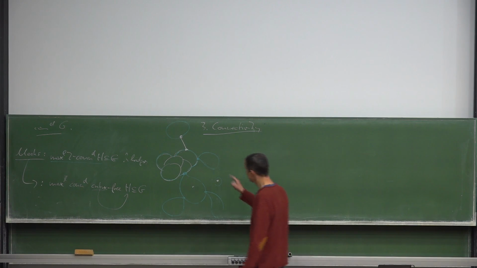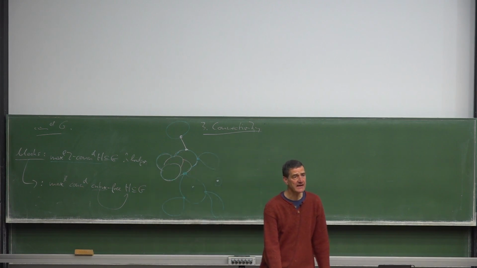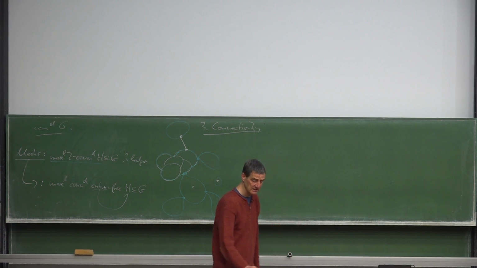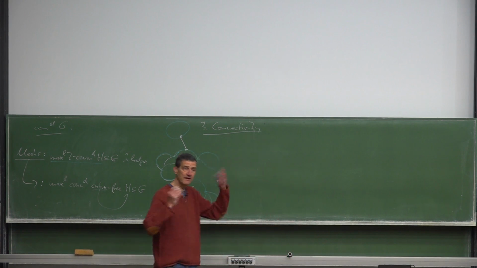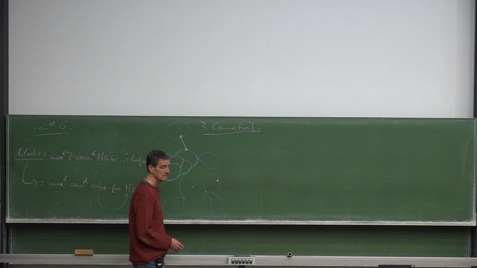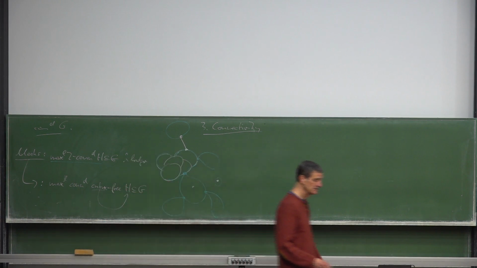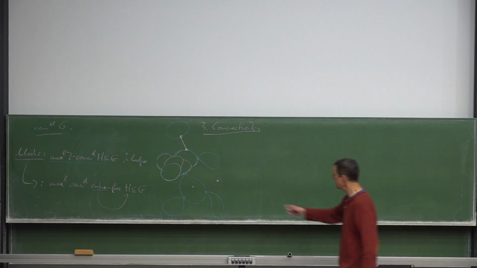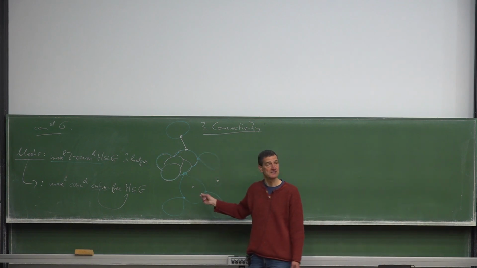Okay, so what about structure? Can we say anything about the structure of how these blocks are related to each other? Well, this looks like a tree, doesn't it? Sort of from very far away.